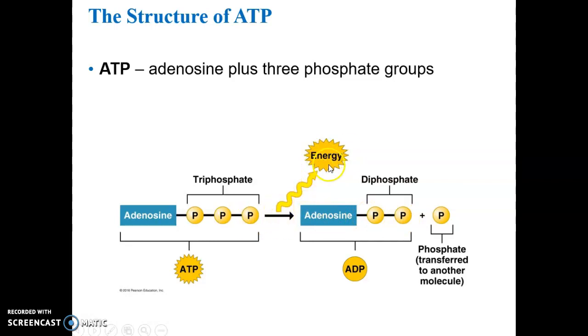That energy can be used to drive things like muscle contraction, right? And then these are the lower energy byproduct molecules of the breakdown of ATP. Notice it says ADP, adenosine diphosphate, and a separate phosphate group.